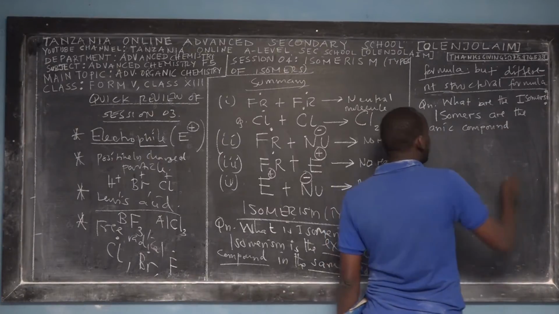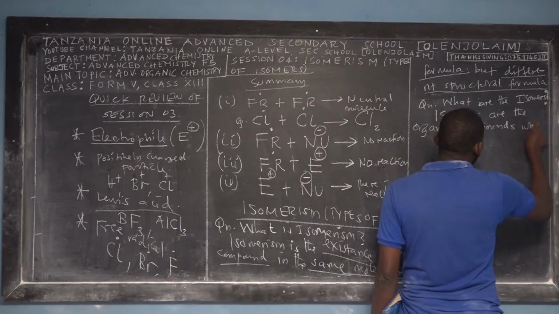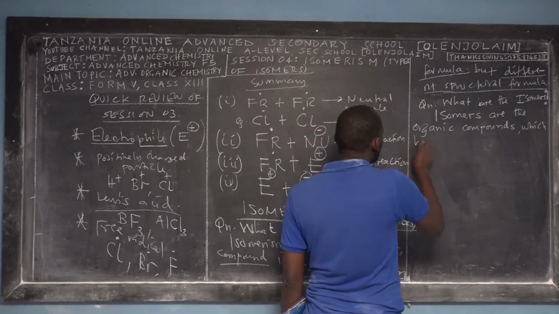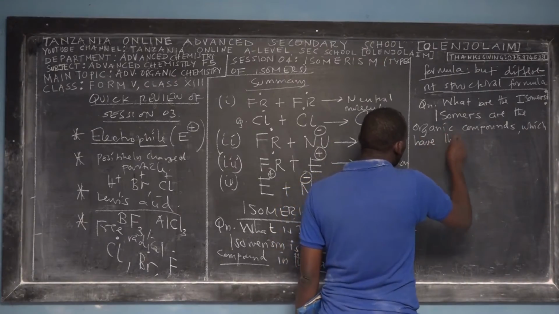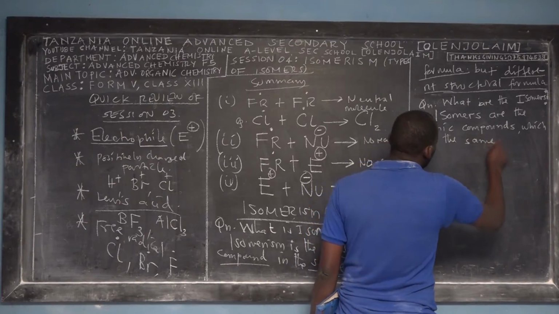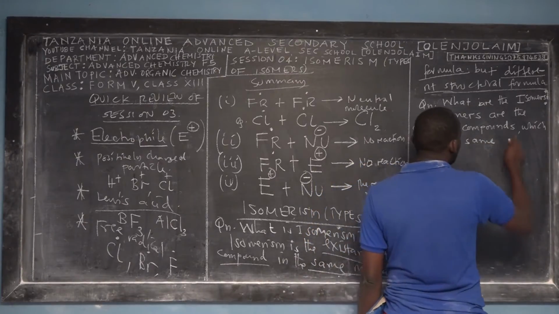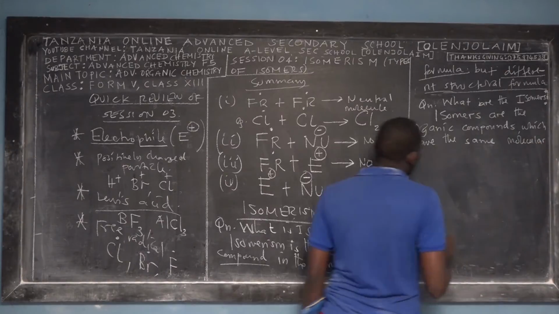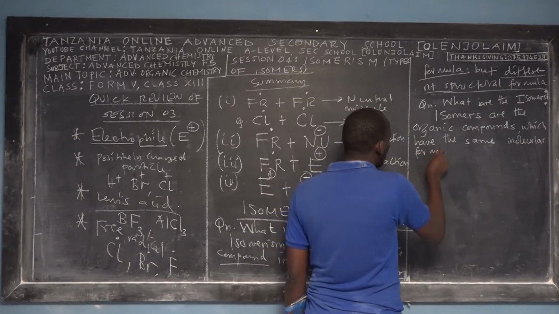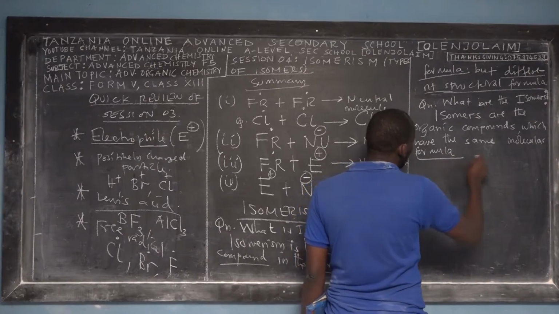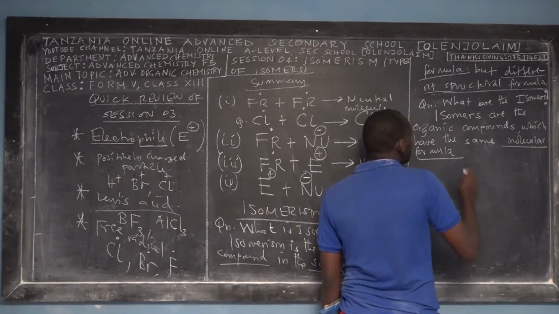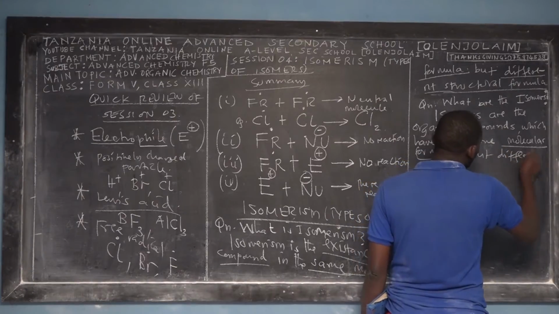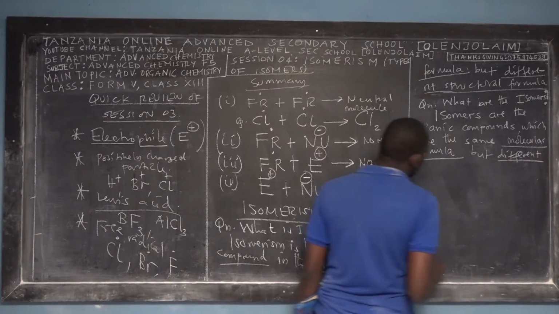Isomers are the organic compounds which have the same molecular formula but different structural formula.